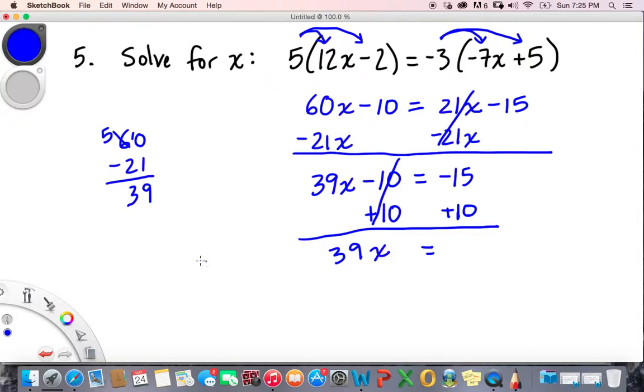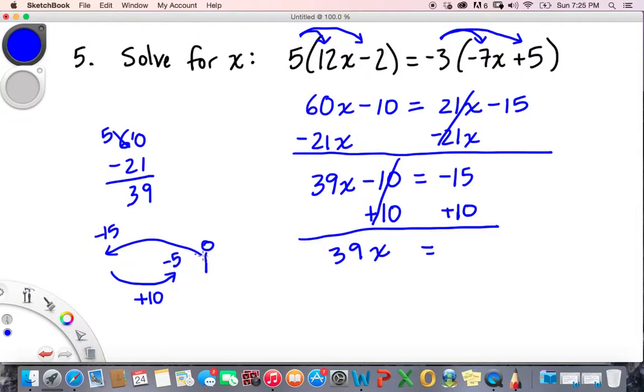Again, think about where that's at. If we were out on a number line, negative 15 way down here, then we turn around and add, we're working our way back up to 0. So how far have I really gone? If I've gone down 15 and now I turn around and add 10, I am now only negative 5 away from 0.